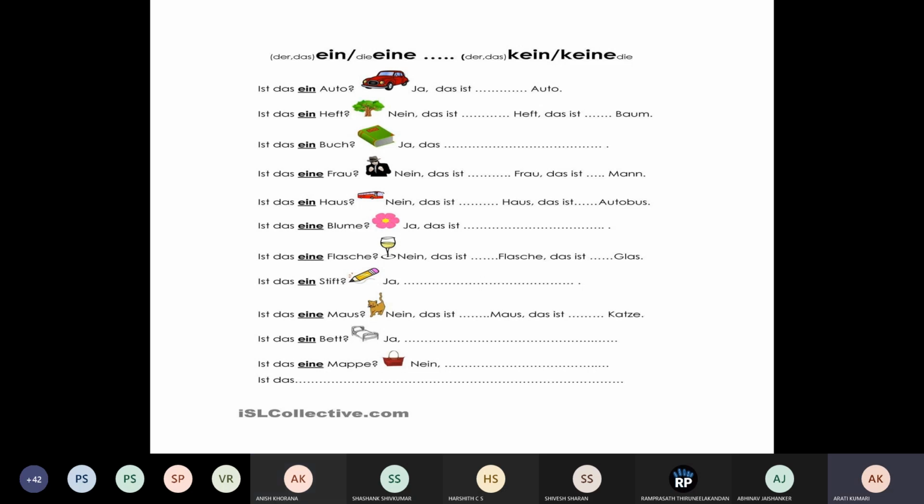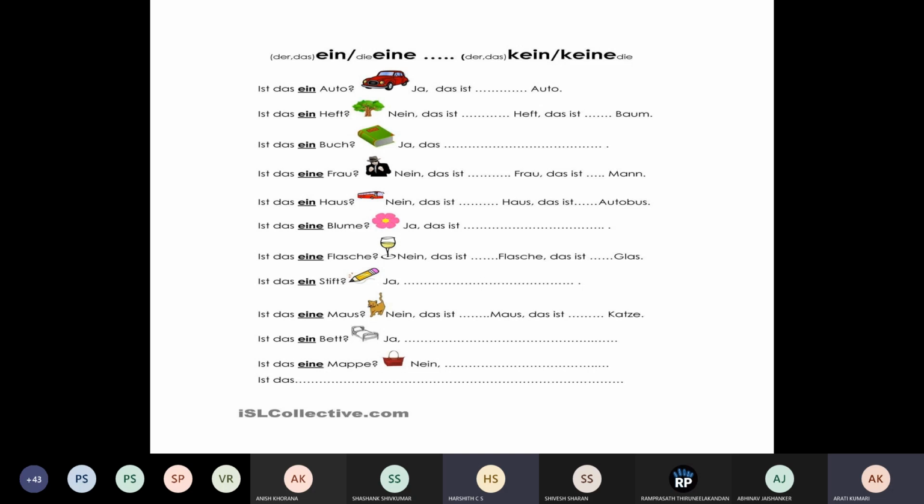Okay, let's talk about the tree now. Welche Farbe hat der Baum? Das Baum ist grün.